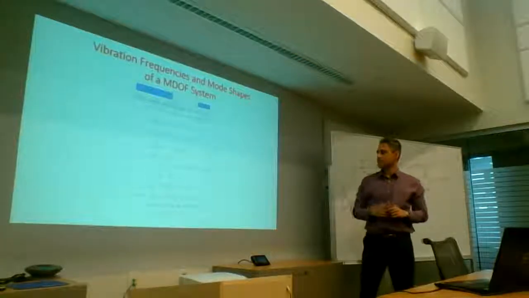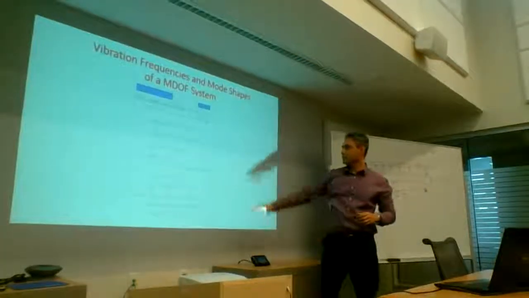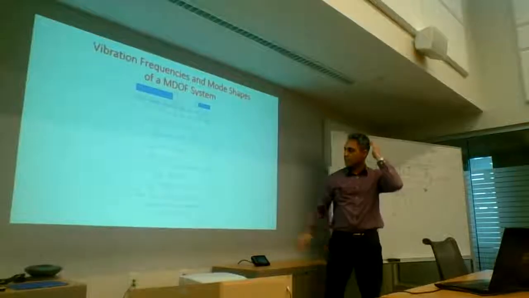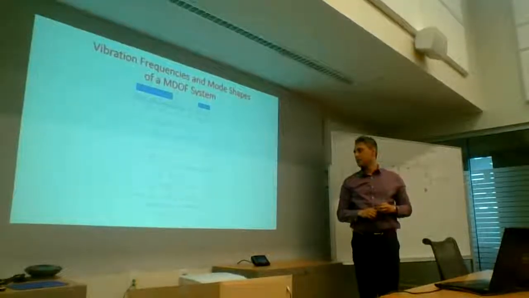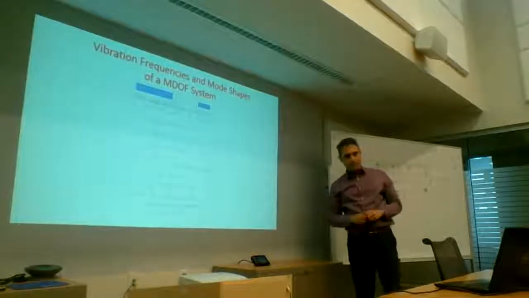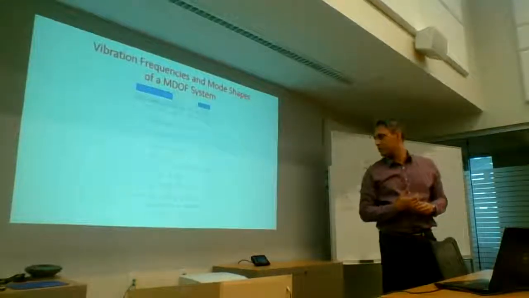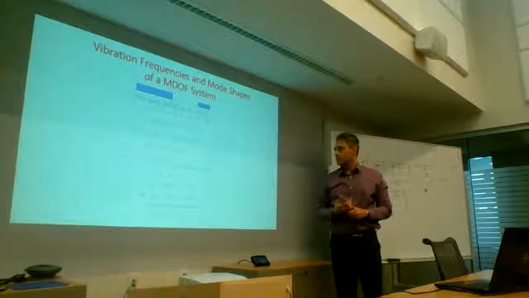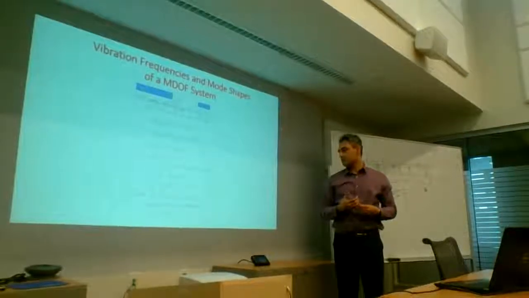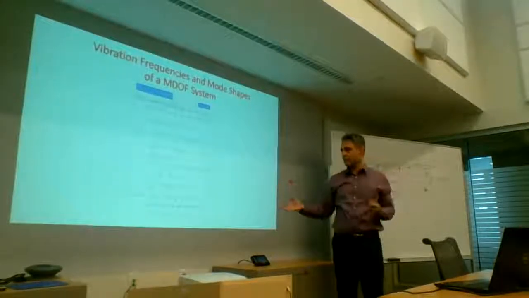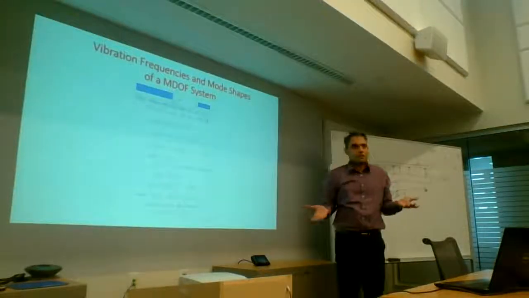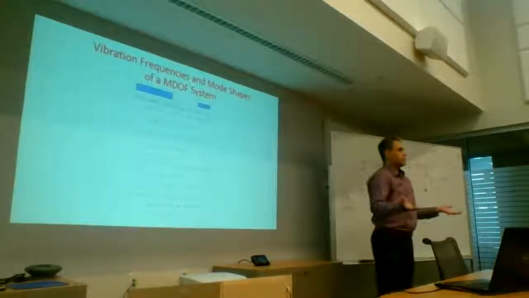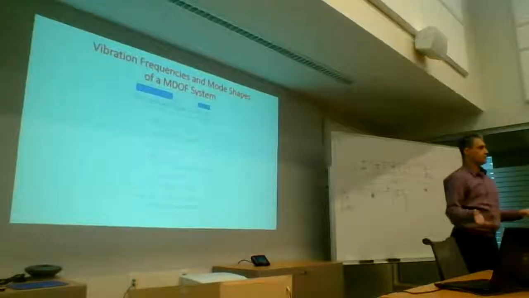Okay? So when we go through that, we come up with this equation number 6, and there's the k minus omega squared m term. Its determinant has to be equal to 0. There are trivial solutions here. If phi n is 0, that means there is no motion, so that's a useless solution for us.